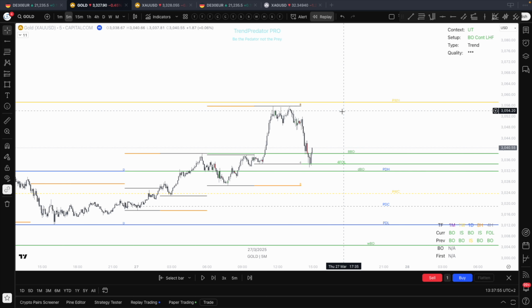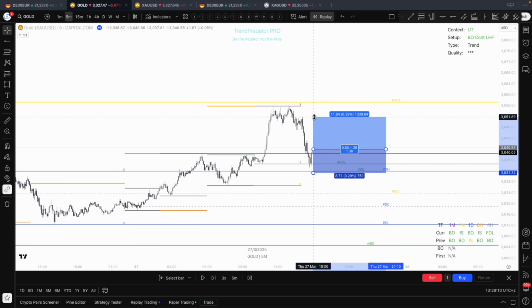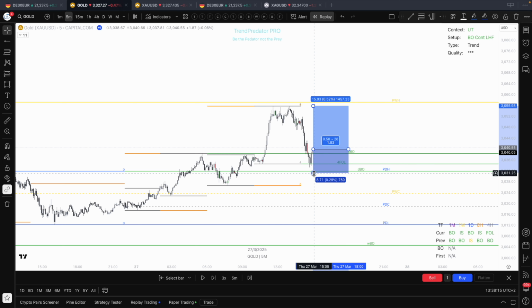Breakout continuation, low hanging fruit. This is exactly your trade, trend trade, all time frames aligning, 3-star target would be high of the day. So from a planning perspective, you would probably take the entry around here, target somewhere up here, something like this, R3 trade.